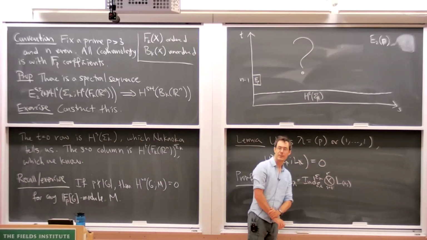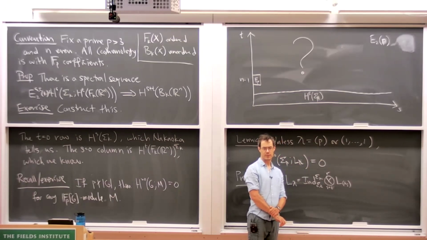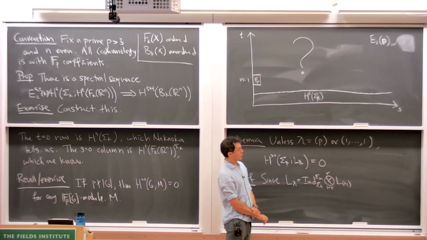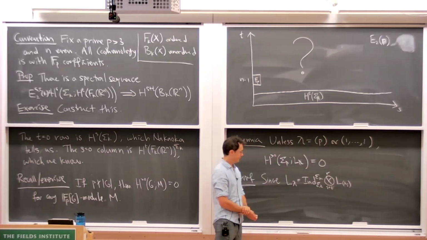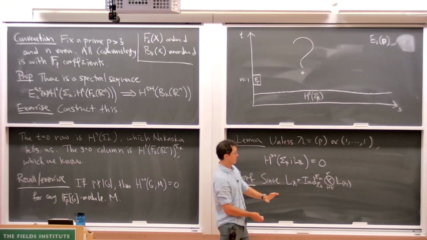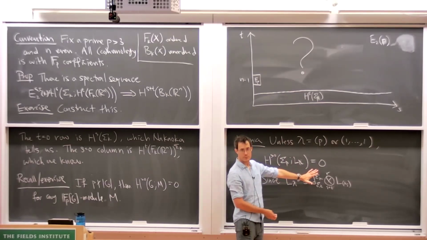Why is that good? That's good because there's something called Shapiro's lemma, which is another of the most basic results of group cohomology, which you can prove as soon as you know the definition and the Hom tensor adjunction. It lets us say something about the cohomology of induced representations.